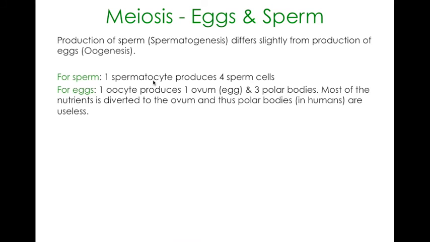However, for eggs, the oocyte will produce 1 ovum only, and it will then produce 3 polar bodies. The polar bodies are basically useless. Most of the nutrients get diverted to the ovum, or the egg, so there's nothing left in the polar bodies, and they just disintegrate or become incorporated as part of the egg, right?